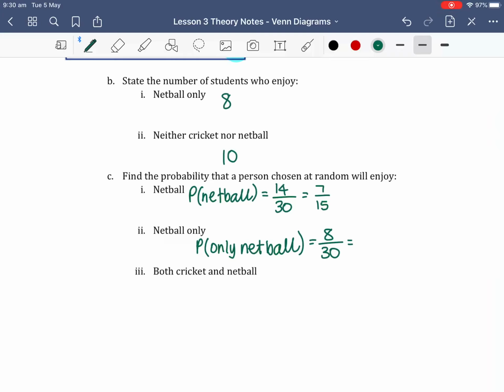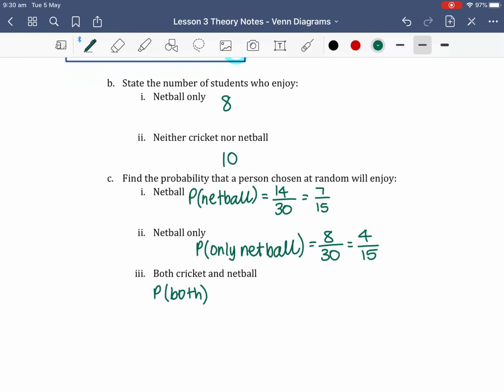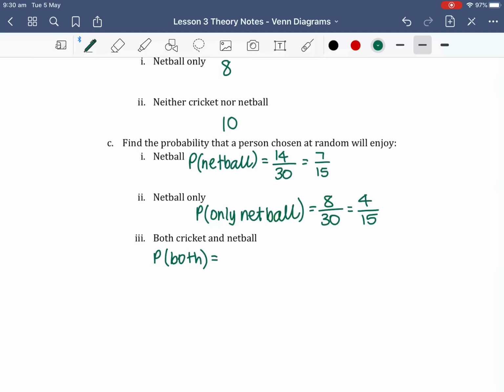Put that into a calculator and it simplifies down to 4 over 15. And finally, we want to find the probability of both cricket and netball. So that's the pink part where they intersect. So the 6 students like both cricket and netball. So it's 6 over 30, which simplifies down to 3 over 15, which simplifies down to 1 over 5.